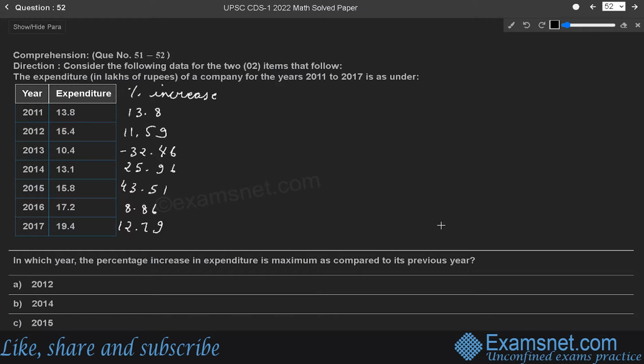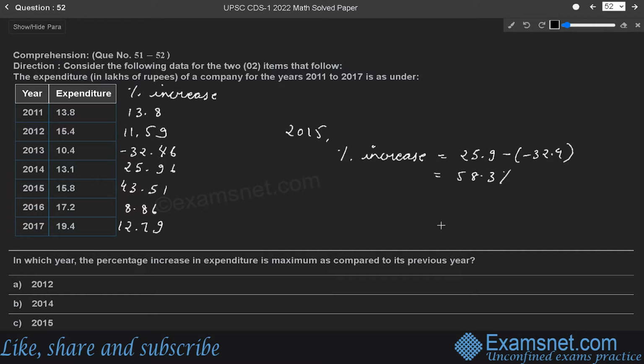In this question, we have to find in which year the percentage increase in expenditure is maximum as compared to the previous year. Clearly, we can see that during the year 2015, percentage increase will be equal to 25.9 minus of 32.4, which gives 58.3 percentage.